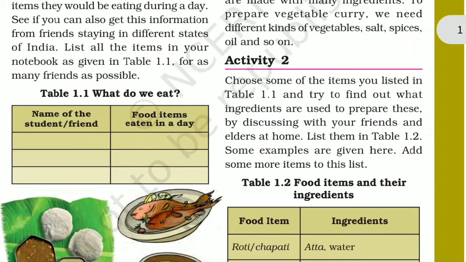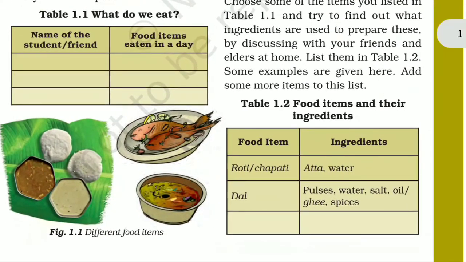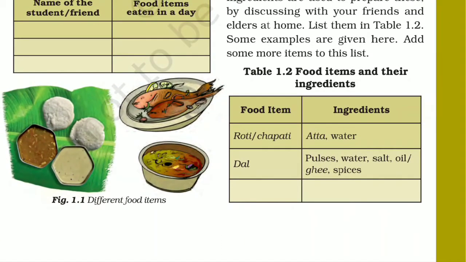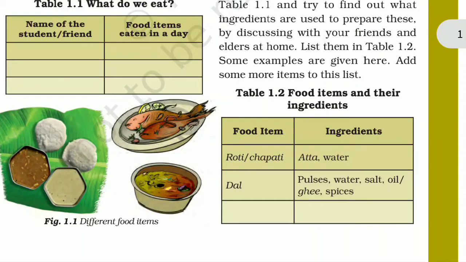So if I take one example, my friend Neha, and I ask her what she ate today, I can write that she ate some pulses with rice and other things. So these are the different food items.